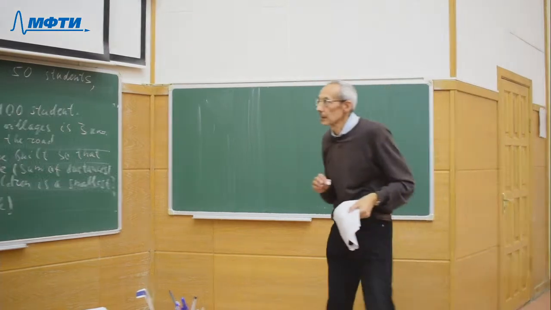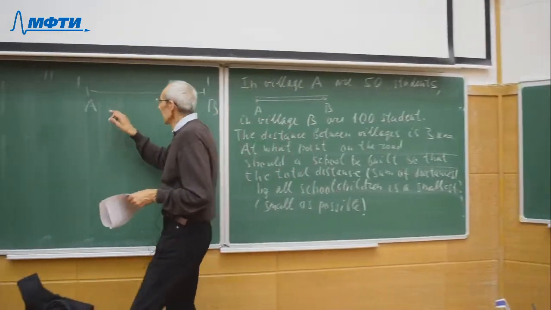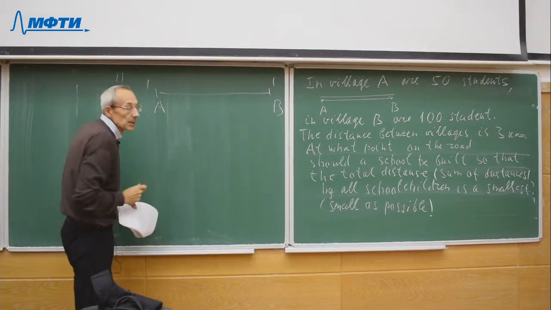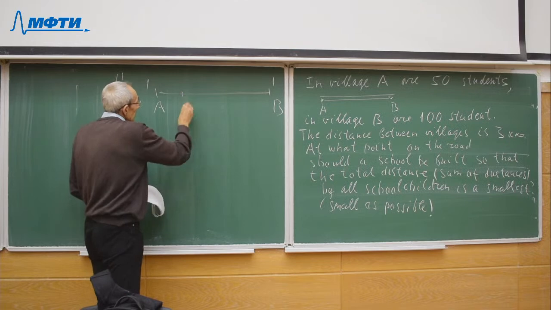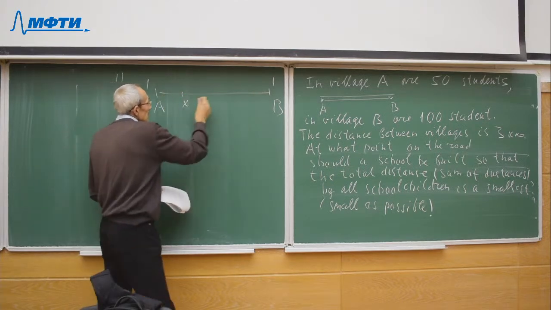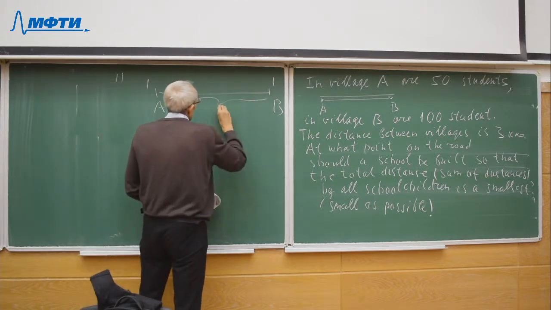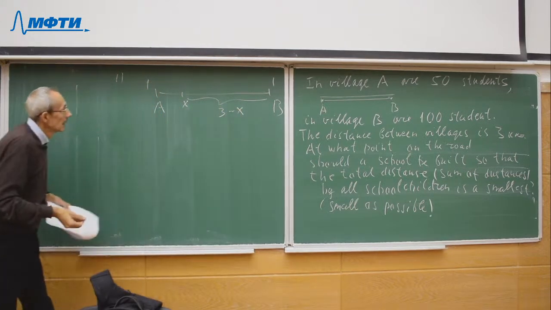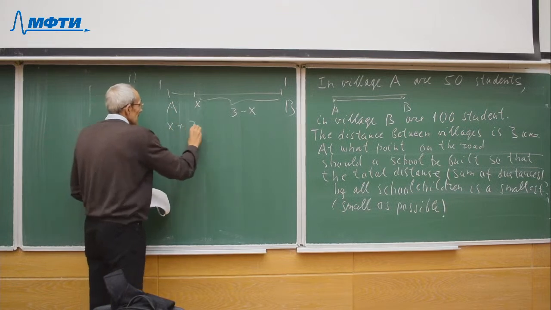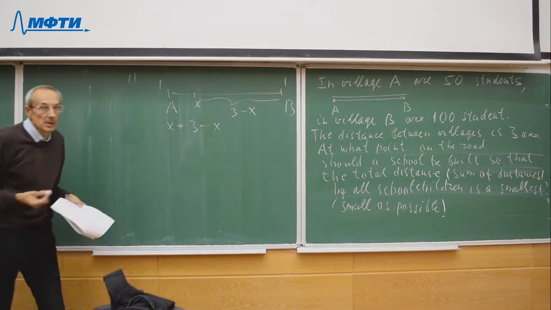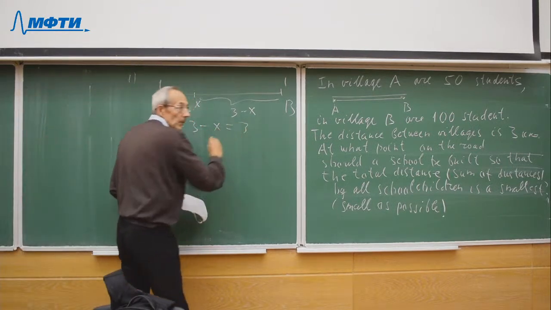Yes, any point of this way, any point. Maybe this distance is x, and this distance 3 minus x. The sum of distances x plus 3 minus x is equal to 3. Okay.